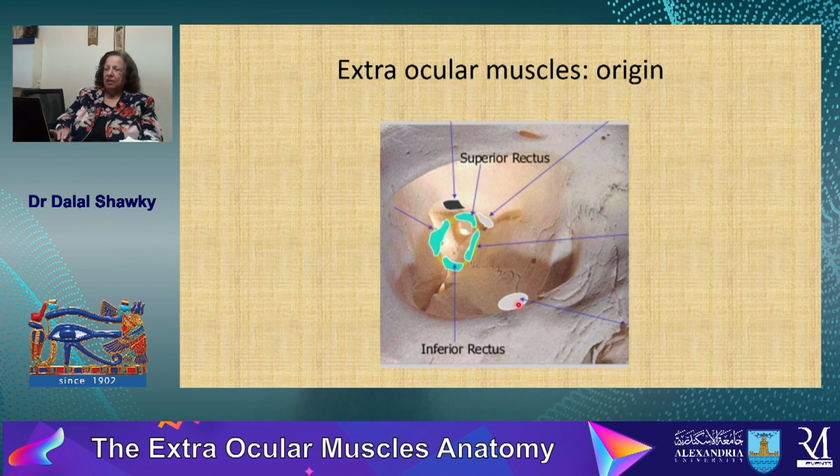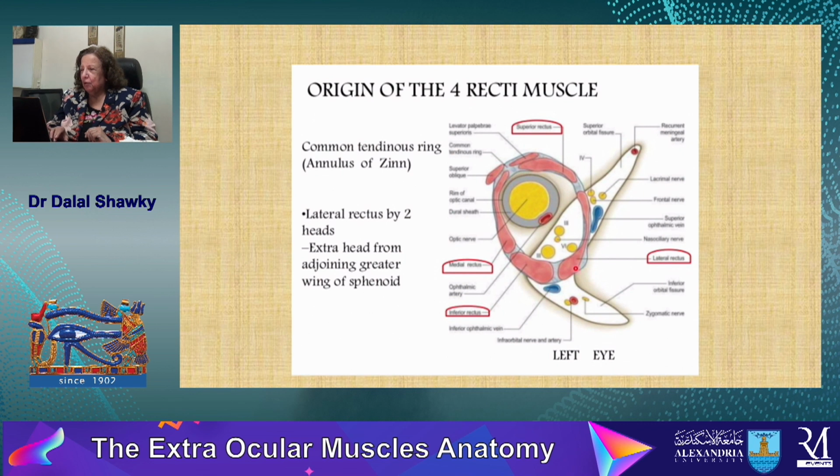The only muscle arising away from them is the inferior oblique, arising from the floor of the orbit in a rough impression just lateral to the opening of the nasolacrimal bony canal. This is another picture to show us the origin of the extraocular muscles around the optic nerve, forming the cone of muscle.